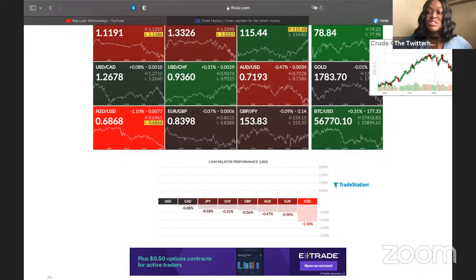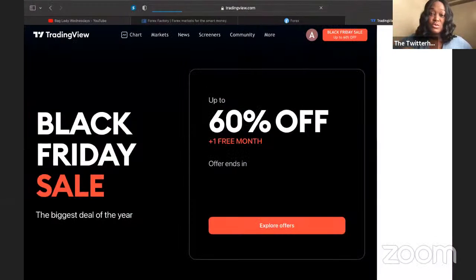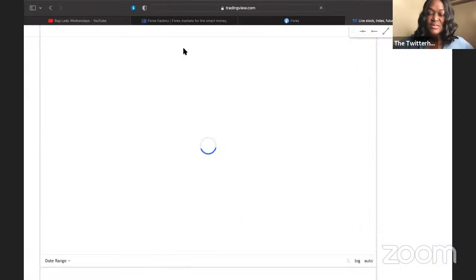So to analyze these two currency pairs, I'll be using TradingView, which is a free site. There is a paid version, but we're going to use the free version. The paid version just gives you added options, added features.